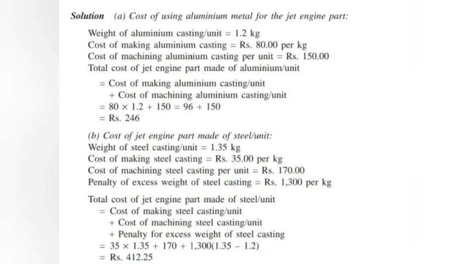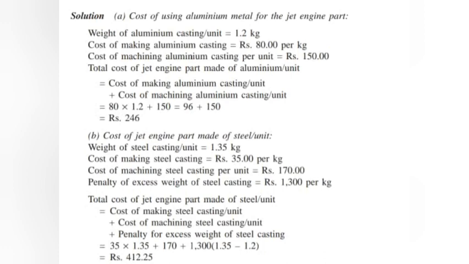So we have 80 into 1.2 plus the machining cost per unit, 150 rupees, as mentioned in the question. Now you can find the total cost of the jet engine part made of aluminum per unit in rupees. Similarly, you can find the cost of the jet engine part made of steel per unit.